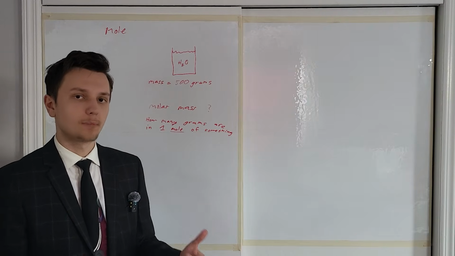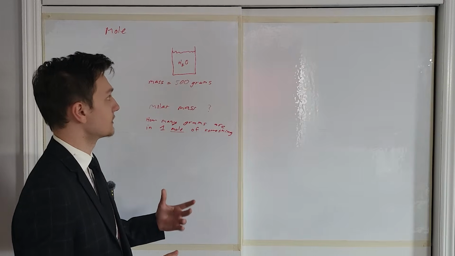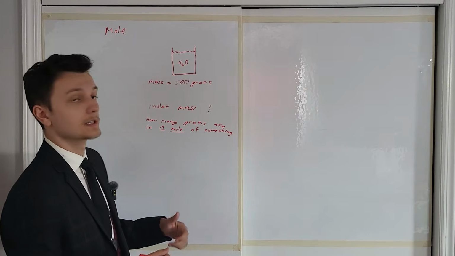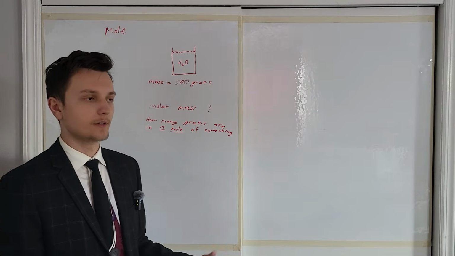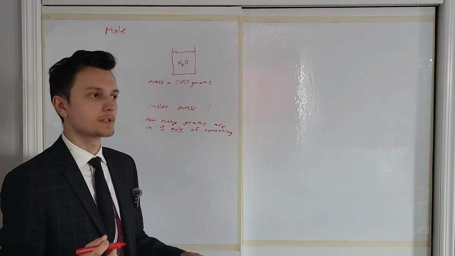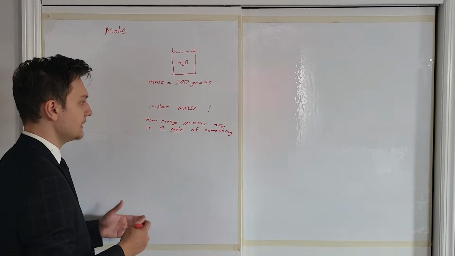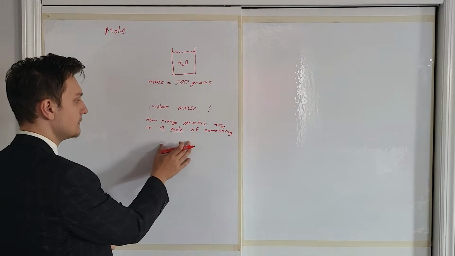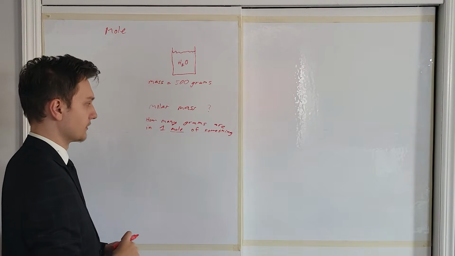I'm going to use the word particles because sometimes you're going to be dealing with molecules like water, sometimes you're going to be dealing with atoms like oxygen or hydrogen. The word particles corresponds to either of those two situations. How many grams are in 1 mole?